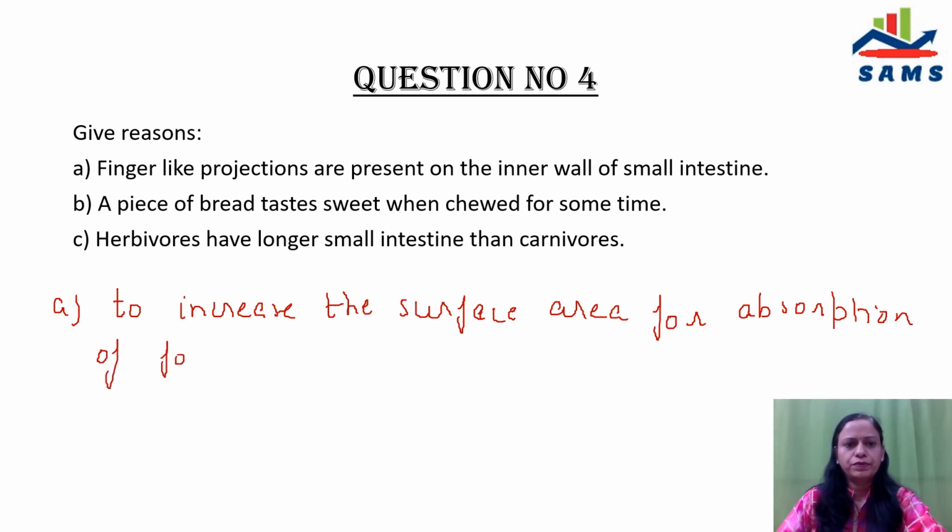Then for the B part, that is the second part, a piece of bread tastes sweet when chewed for some time. We all know that there's an enzyme salivary amylase present in the saliva. So when we are chewing the carbohydrate for a longer period of time, the salivary amylase converts the carbohydrates into simple sugars, which makes the food taste sweet.